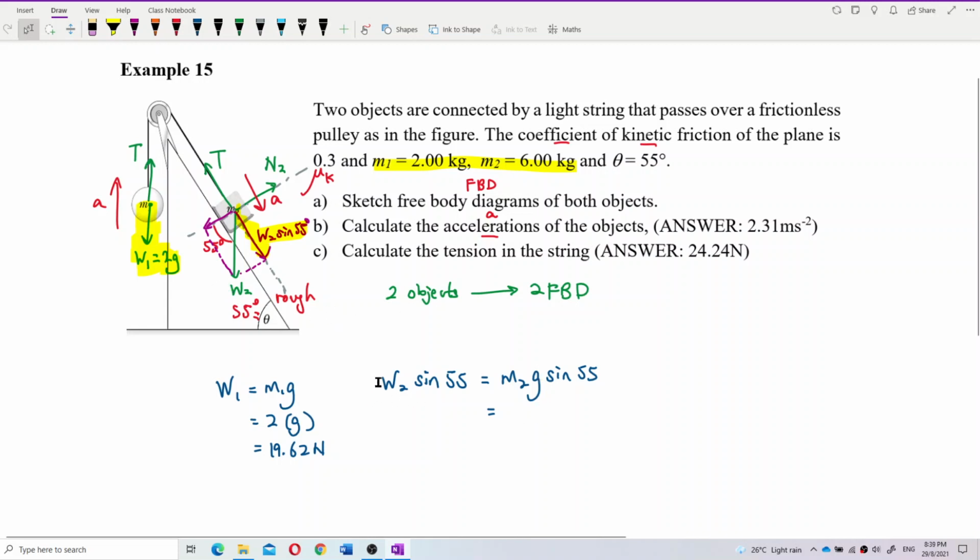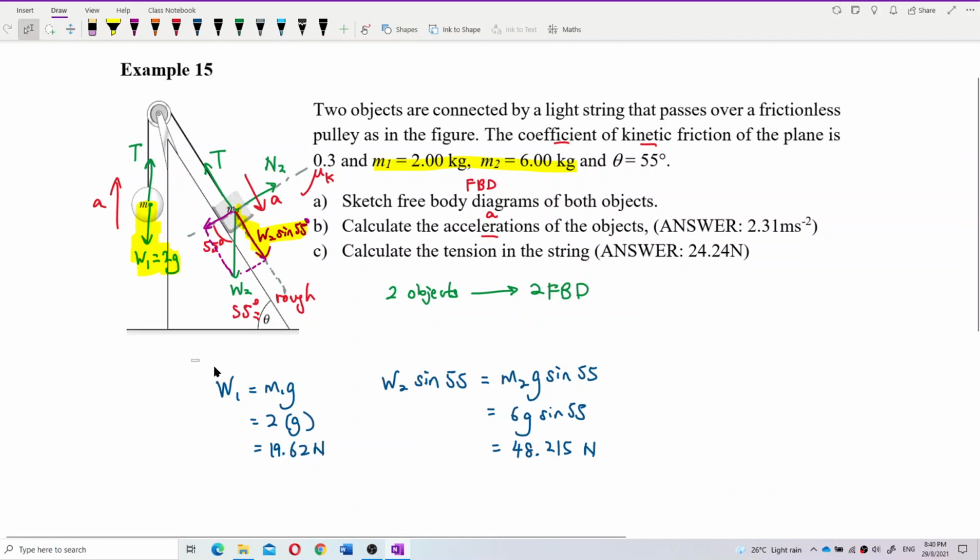So okay, let's calculate the weight 2 sine 55. The mass 2 is 6 kilogram. So it is 6g sine 55. So what is the answer? I got the answer: this one is 48.215 Newton.